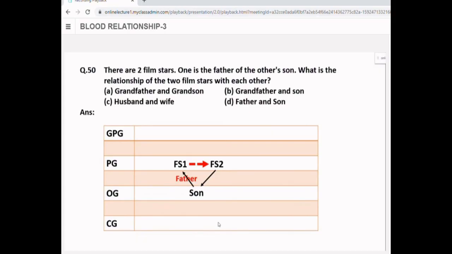The relation is husband and wife. FS2 is wife. FS1 is father. So FS2 is mother because son is common. And you people are saying father and son.